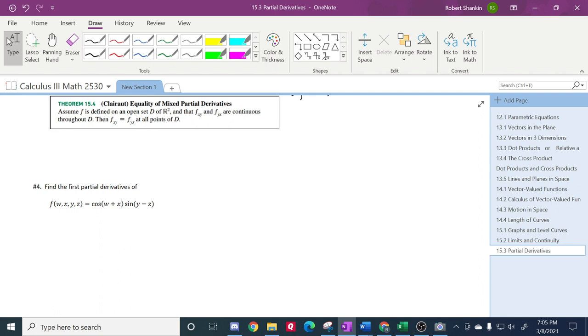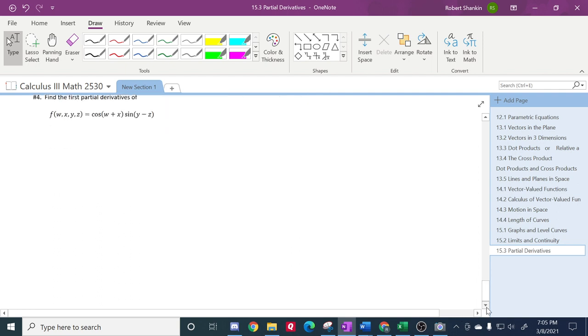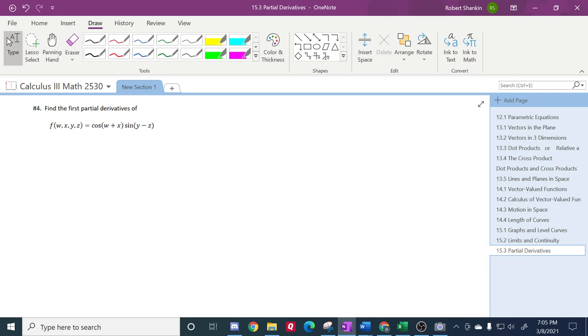Find the first partials. So let me give you a minute with this. We'll all do them in alphabetical order. Do the f w first.